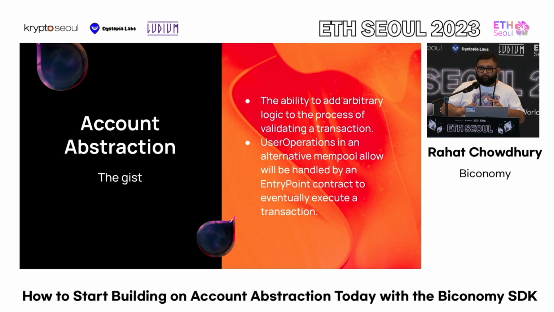So just a TLDR, what exactly is this thing called account abstraction? It's really the ability to add arbitrary logic to the process of validating a transaction. With 4337, there are no actual protocol level changes. What we're really doing is just looking at a transaction, adding additional logic around it, and doing whatever we want with it.